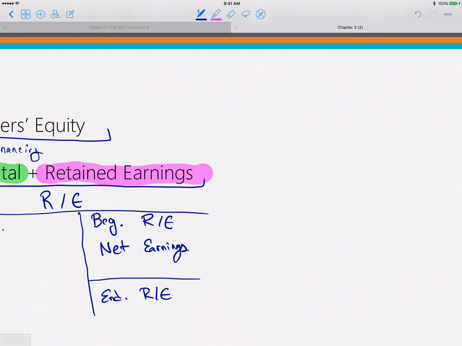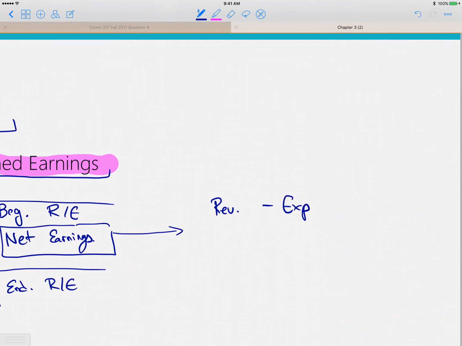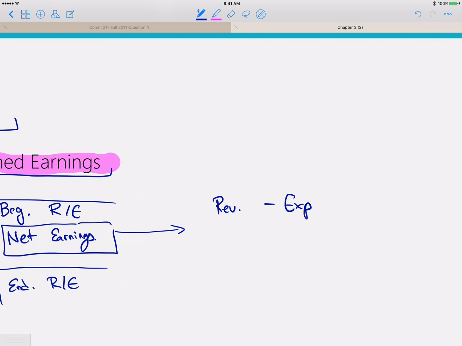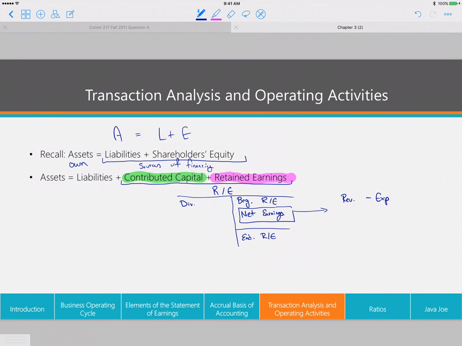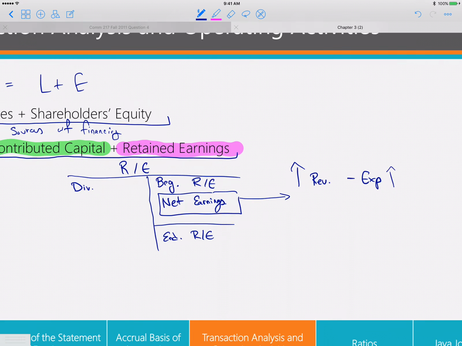But retained earnings, what is that built out of? Retained earnings is basically our revenues less our expenses. So in a sense, an increase to revenue acts the exact same way as an increase to equity. And an increase to our expenses acts the opposite way, as a reverse to an increase in equity.